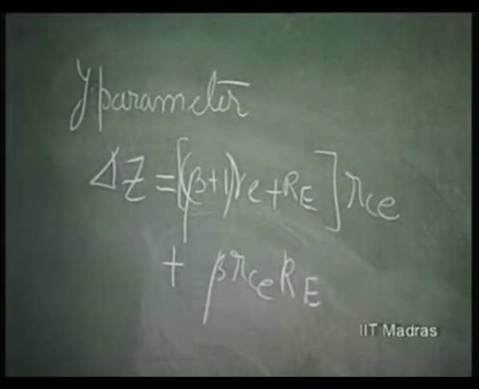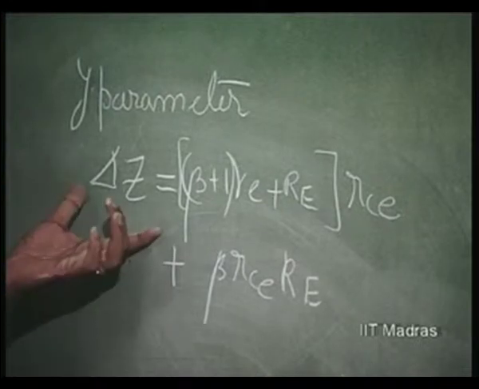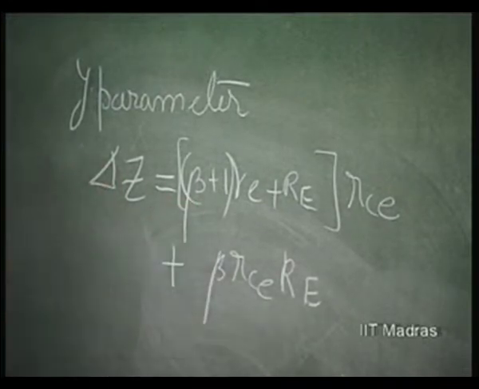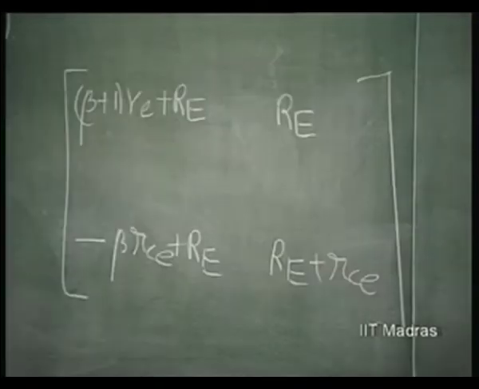So, this is the loop gain, that is delta Z, which involves the loop gain. So, this is the modification factor of all the parameters.